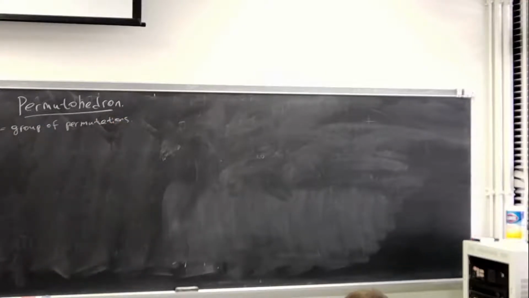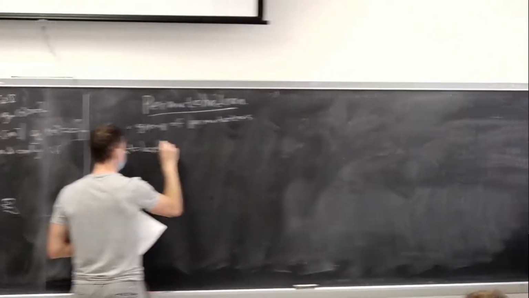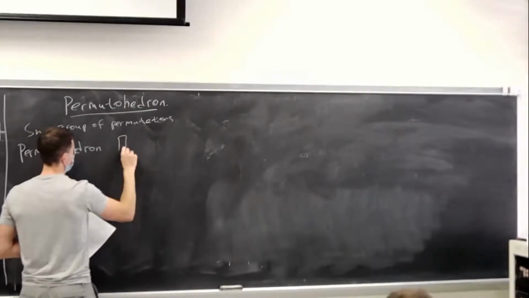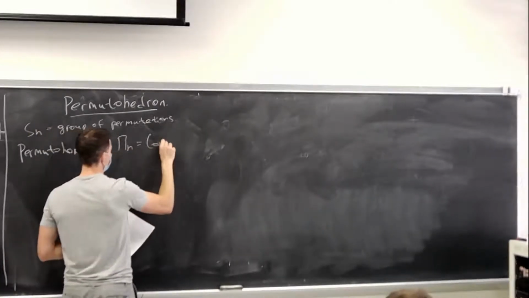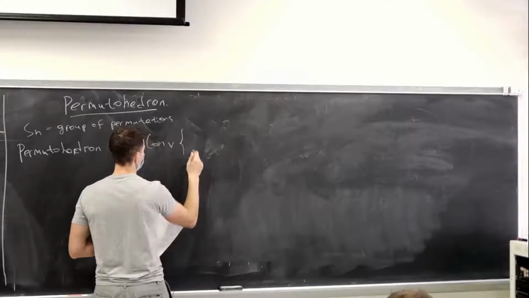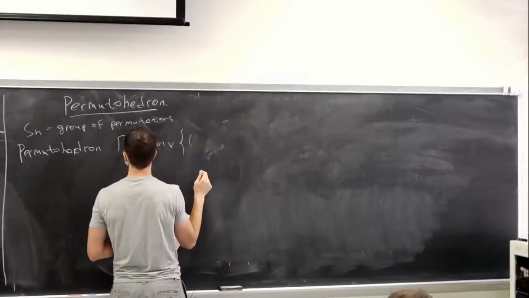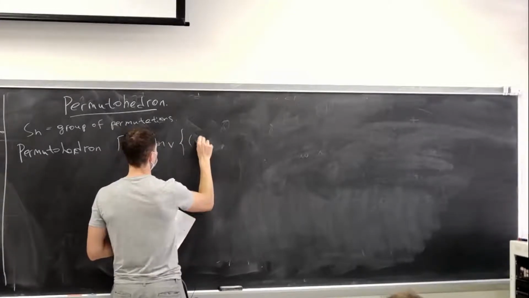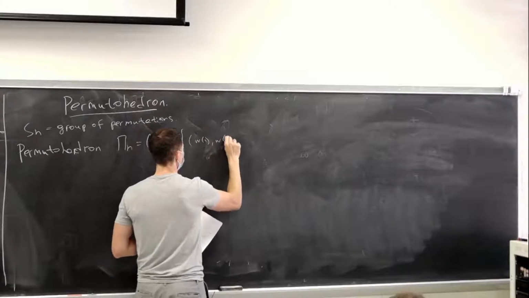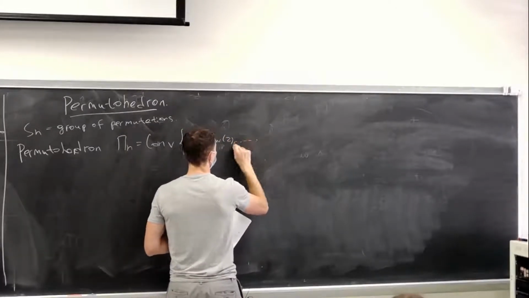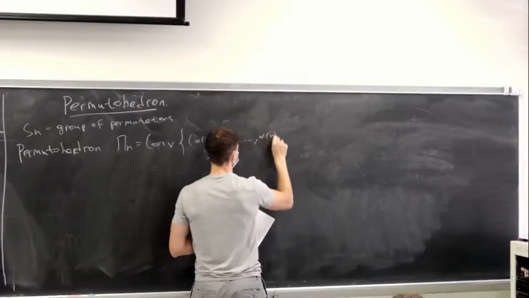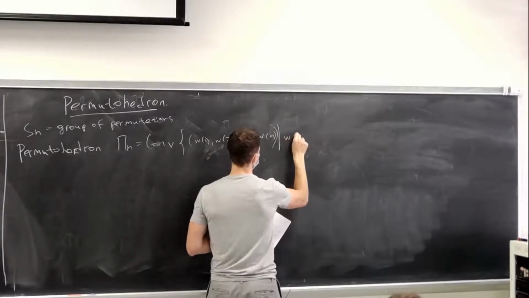And the Permutohedron Pi of n is just the convex hull of all permutations of the vector 1, 2, 3, all the way up to n, that is, W of 1, W of 2, all the way to W of n, where W is a permutation.